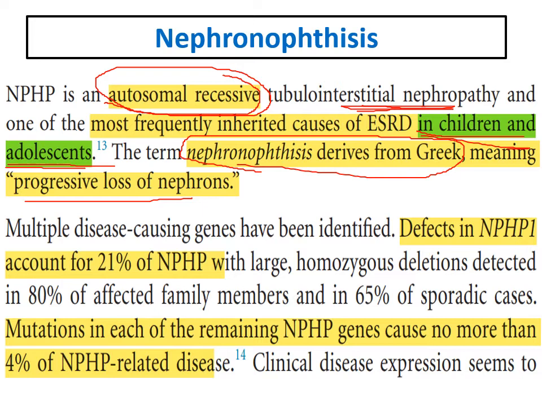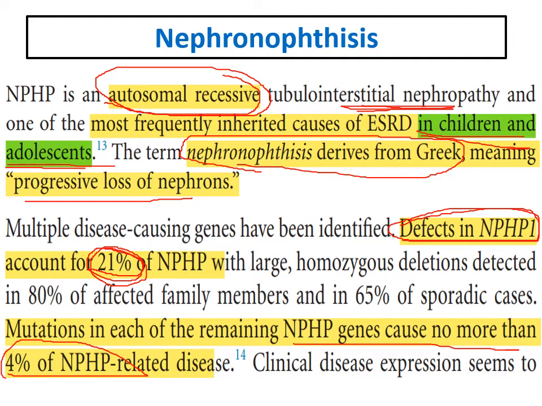It is due to mutation in multiple genes called nephronophthisis genes. There are around 20 genes discovered, and the most important one is nephronophthisis 1, which accounts for about 21% of all cases. Each of the remaining nephronophthisis genes causes around 4% of all the cases discovered.